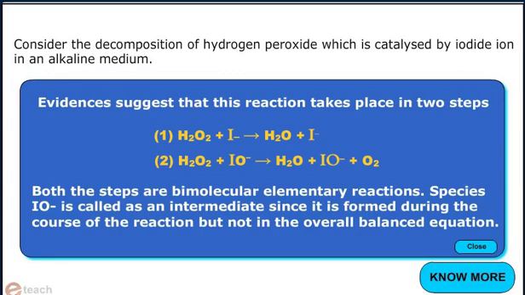The second step is H2O2 plus IO- gives H2O plus I- plus O2. Both the steps are bimolecular elementary reactions. The species IO- is called an intermediate since it is formed during the course of the reaction, but not in the overall balanced equation.